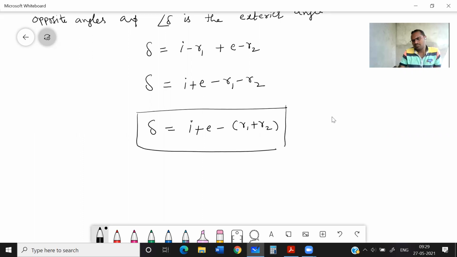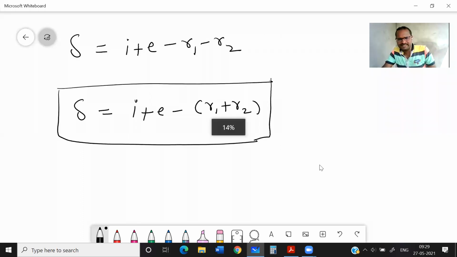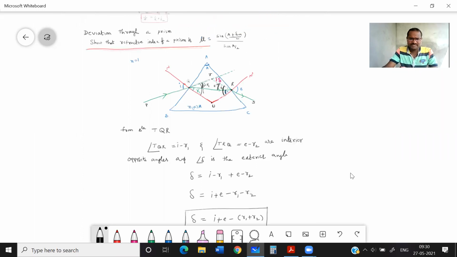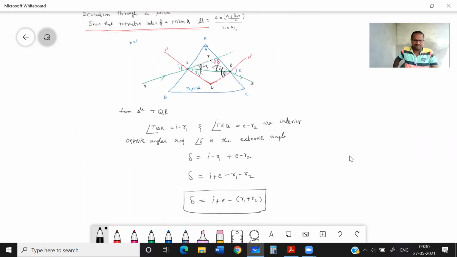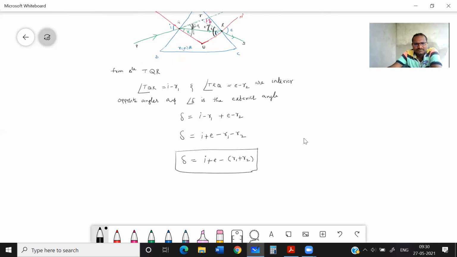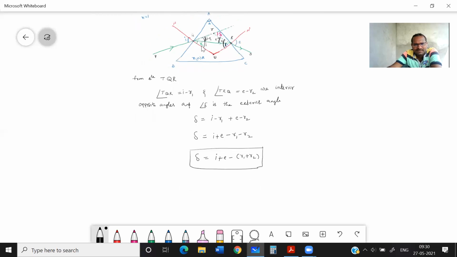One more point. See this triangle carefully. This is the normal.